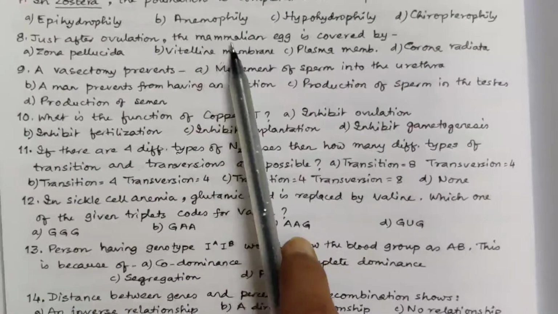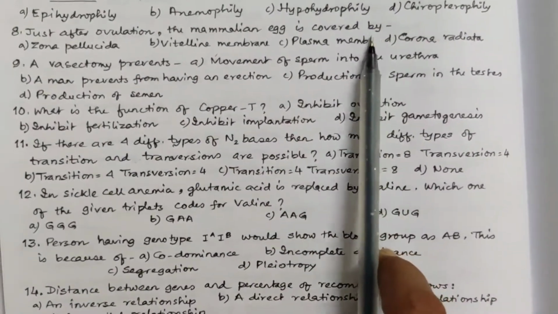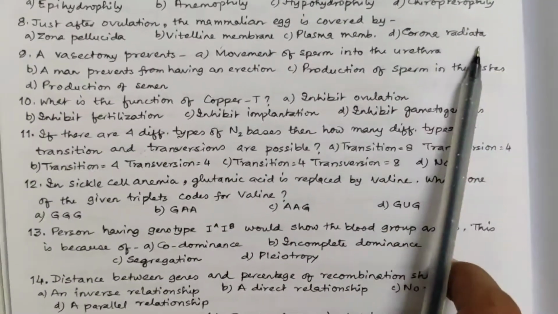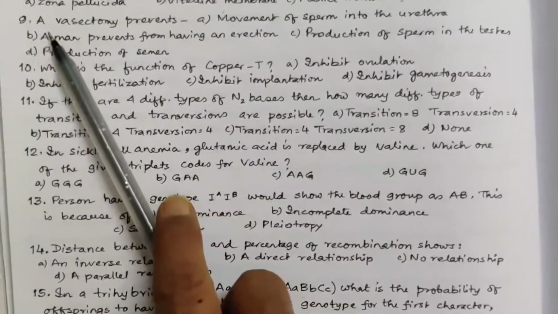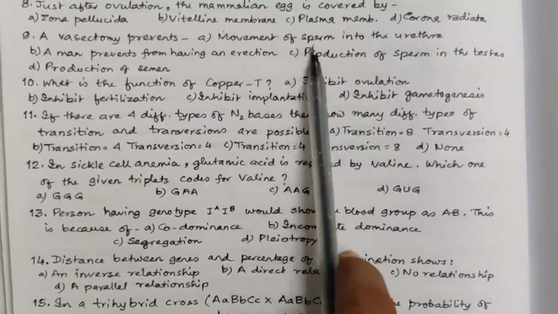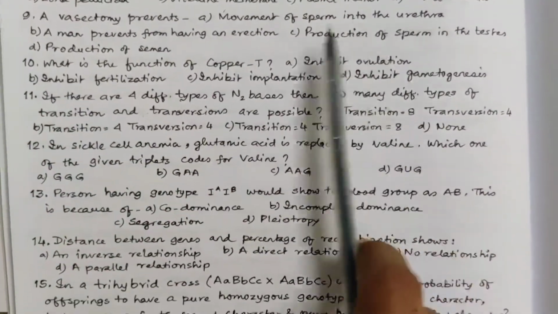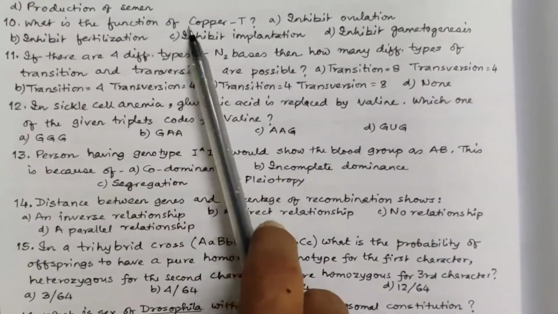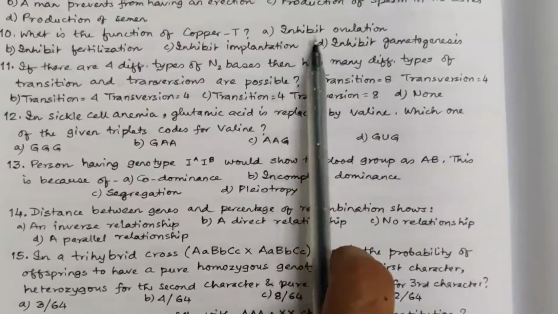Just after ovulation, the mammalian egg is covered by corona radiata. A vasectomy prevents movement of sperm into the urethra. What is the function of copper T?